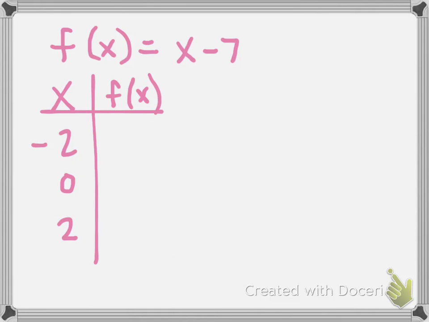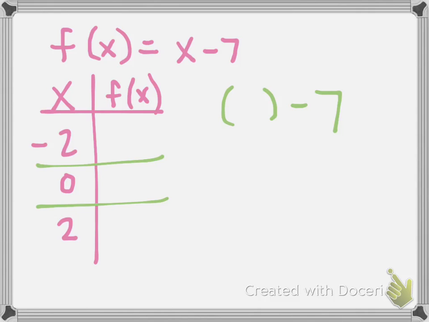Same thing here. I have my equation, function of x equals x minus 7. I have a table of values where my x values are filled in, and I want to go ahead and substitute in to figure out my function of x values. So I'm going to pull out this expression, x minus 7, and instead of x, I'm going to just write a placeholder parentheses.